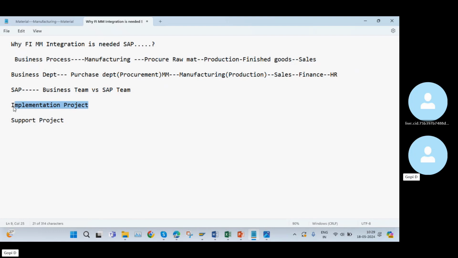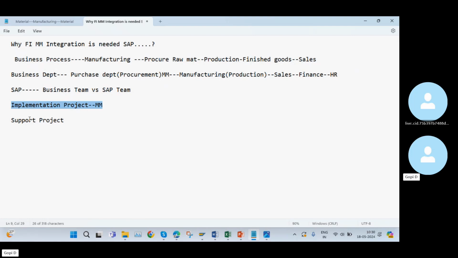In an implementation project, it means while we are implementing or installing SAP for our client, the procurement things are taken care of by the consultants, the material management consultants. And once the implementation is done, the project goes live and the business starts using the SAP software.